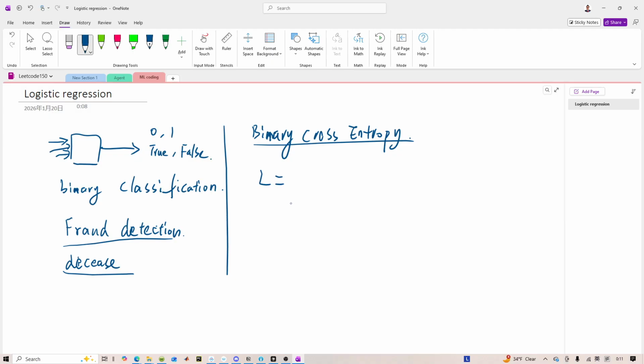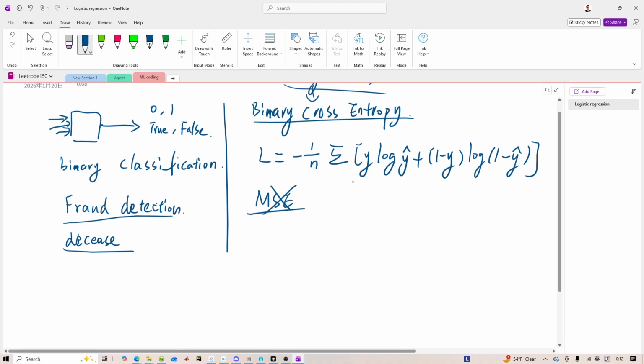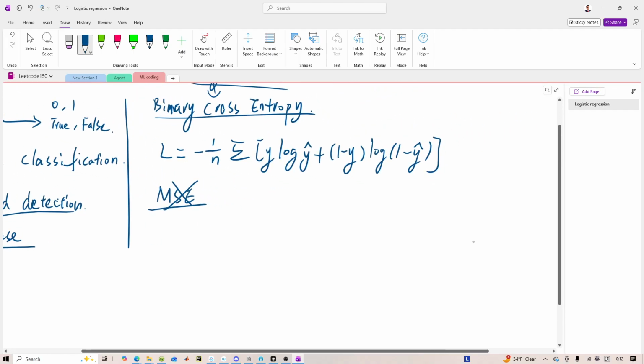We do not need to memorize this equation, but usually during an interview, at least, you have to be able to tell the interviewer that this loss or optimization target is the binary cross entropy, instead of the MSE, which is usually used in linear regression.